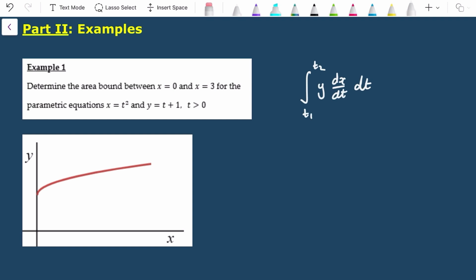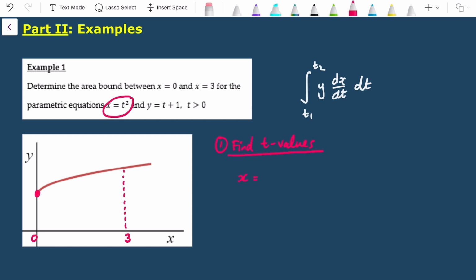So I want to find the area below this curve between where x is 0 and where x is equal to 3. So the first thing I'm going to do is I always start by finding my t values. So finding the corresponding t values for x equal to 0 and x equal to 3. And for that I'm obviously just going to use x equals t squared.